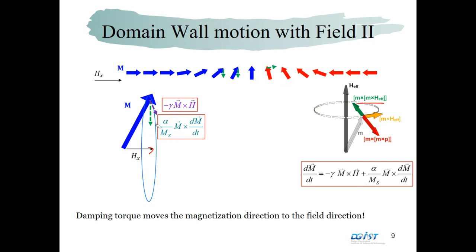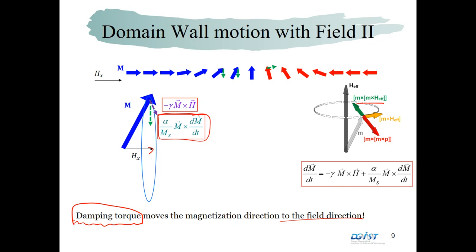So this damping part, in other words, called the damping torque, this damping torque moves the magnetization direction to the field direction. So this precession part plays some role, but in this case, the damping part is more important. Okay.